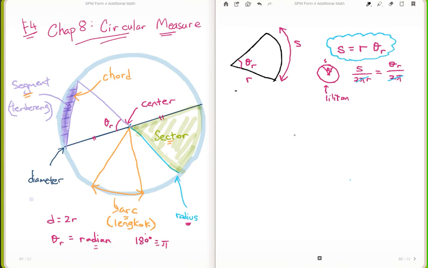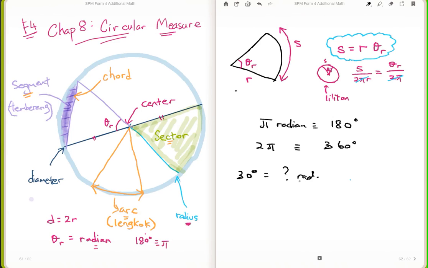Next, that would be the angle conversion. Since we know pi radian is equivalent to 180 degree, therefore 2 pi radian is equivalent to 360. Depends on how the question is given. If you were to convert, say 30 degrees, to how many radian?